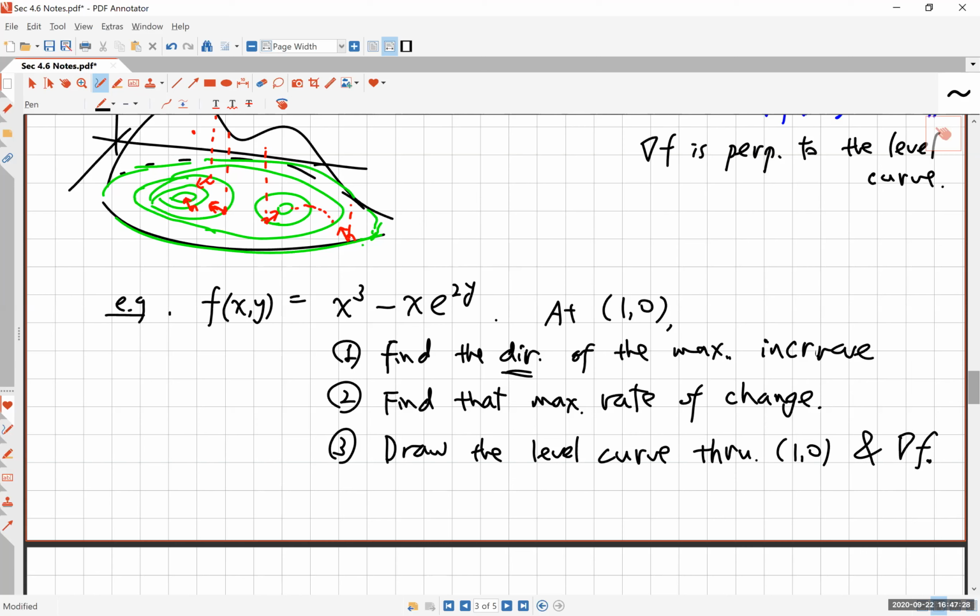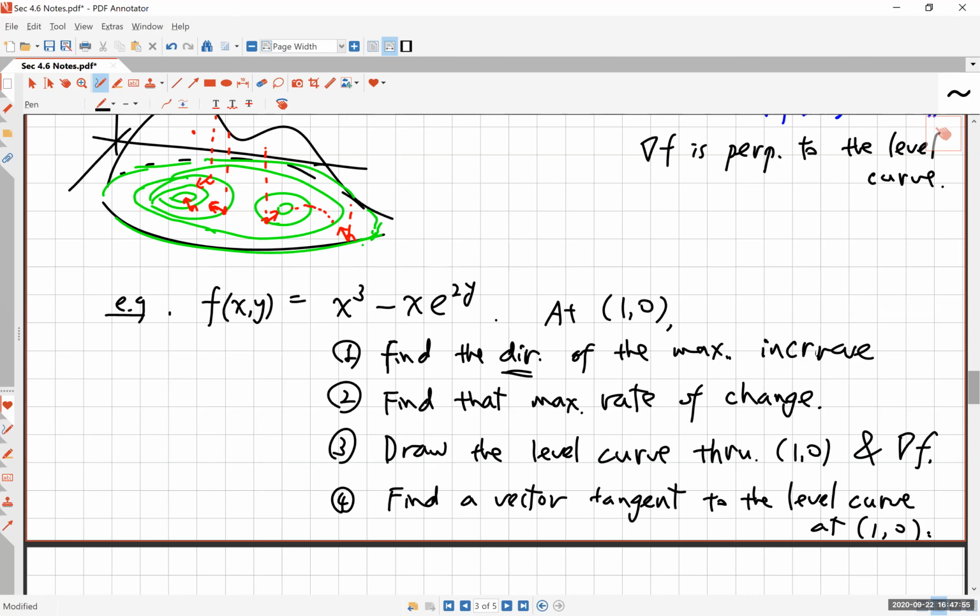Okay, so let's see if you can do all of these, and maybe I should do one more thing. Number 4, find the vector tangent to the level curve at (1, 0).